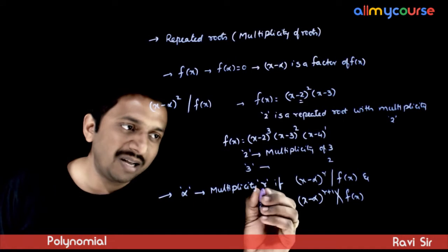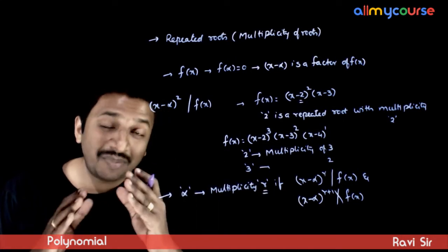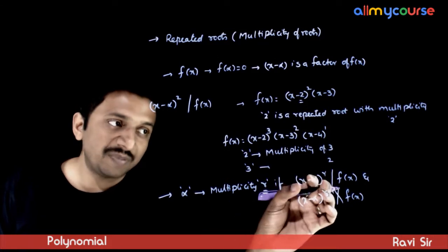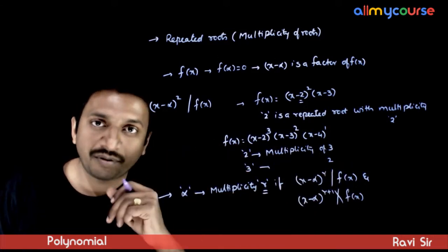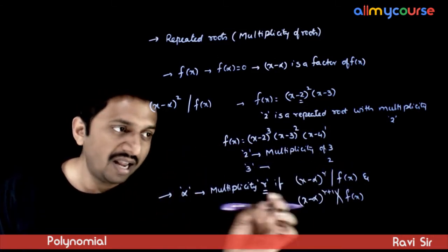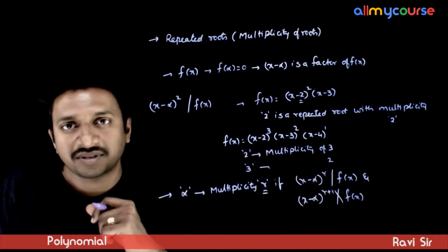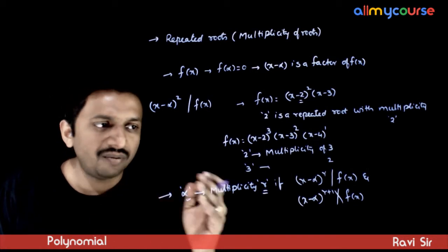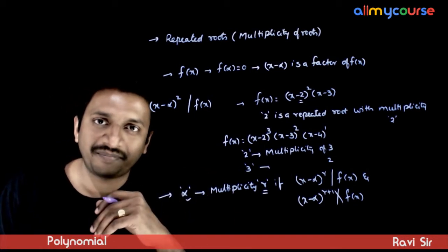So the multiplicity is a unique number. If the multiplicity is r, (x minus alpha) to the power r divides f of x, and the next power should not divide f of x. Then we say that alpha is a repeated root with multiplicity r.